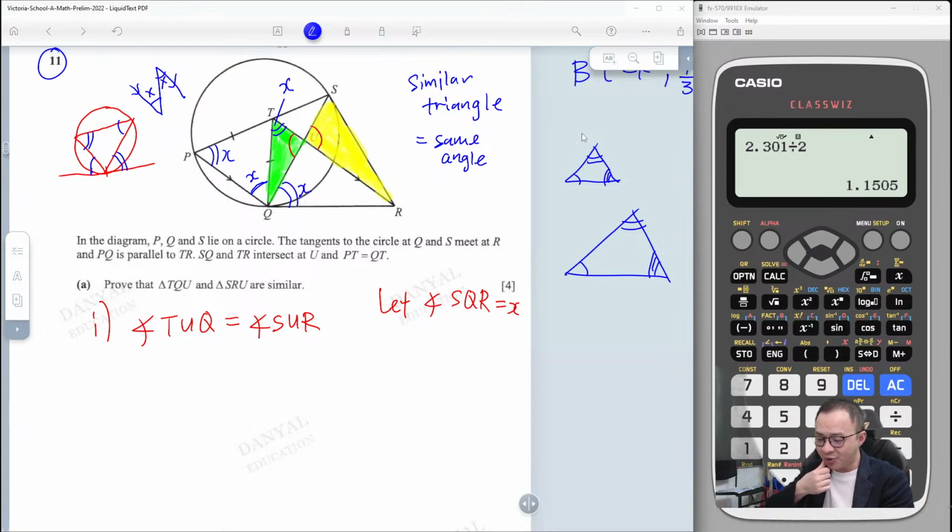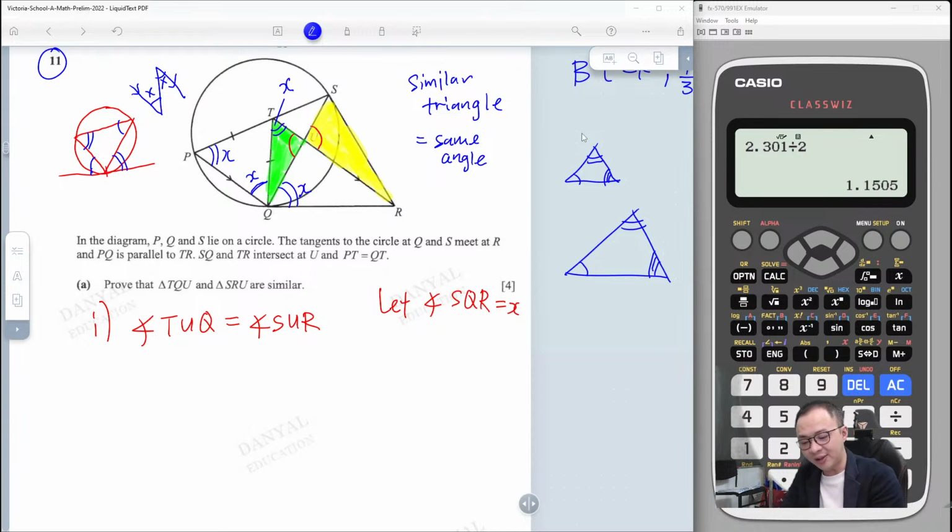Is S also a tangent point? Tangent Q and S meet at R, and PQ. Oh, these two are the tangent also.